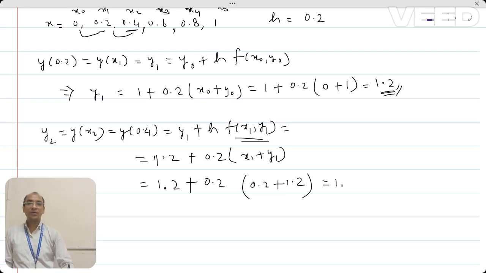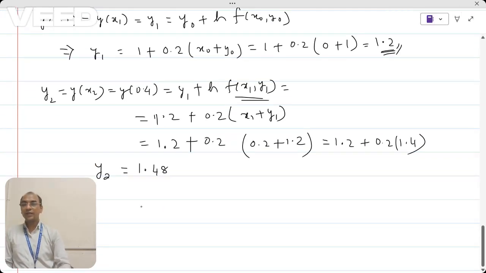So that means 1.2 plus 0.2 into 1.4. If you simplify it, you will get y2 equal to 1.48. Similarly, we can go for y3.